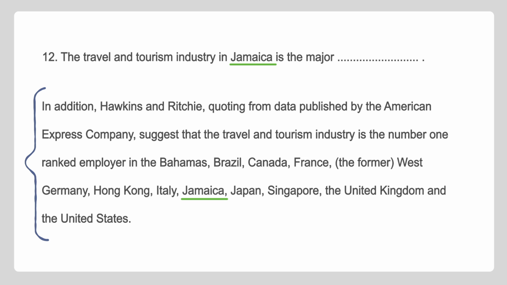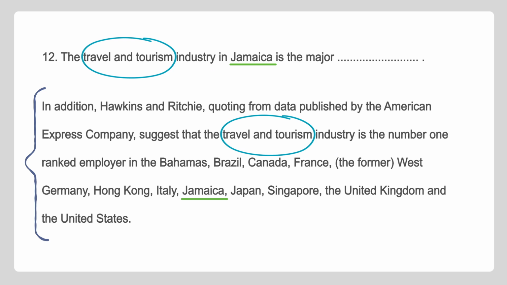In addition, Hawkins and Rich, quoting from data published by the American Express Company, suggest that the travel and tourism industry is the number one ranked employer in Bahamas, Brazil, Canada, and so on, and Jamaica included, all right? Now, let's read again. Suggests that the travel and tourism. So we have the words travel and tourism in the sentence, as in question 12.